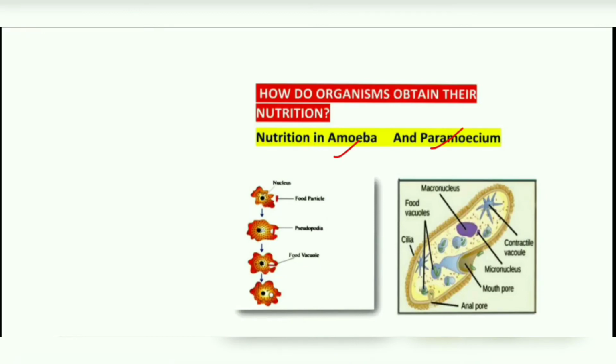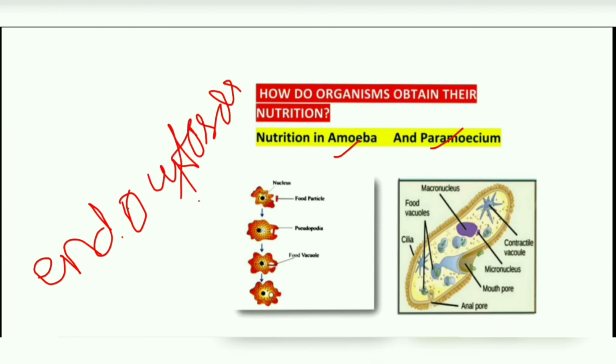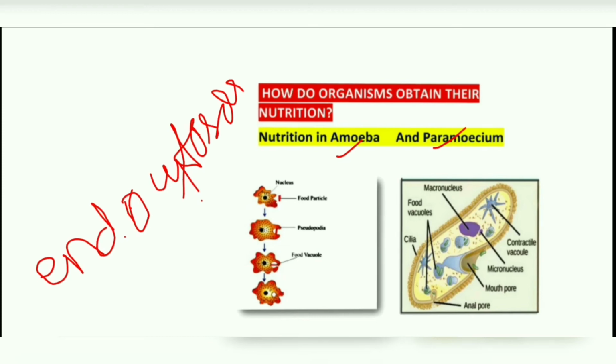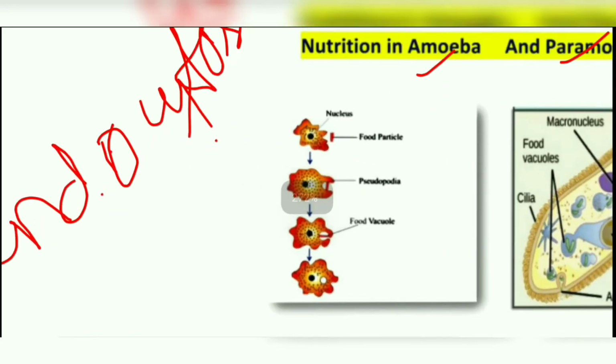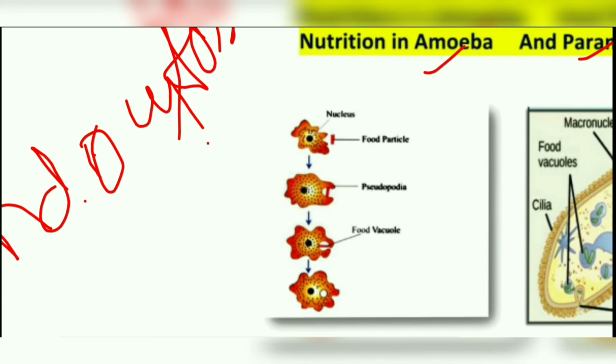In the case of amoeba, they feed by a process called endocytosis. In endocytosis, there is an invagination of the plasma membrane, and there is also involvement of the pseudopodia, the finger-like projections.